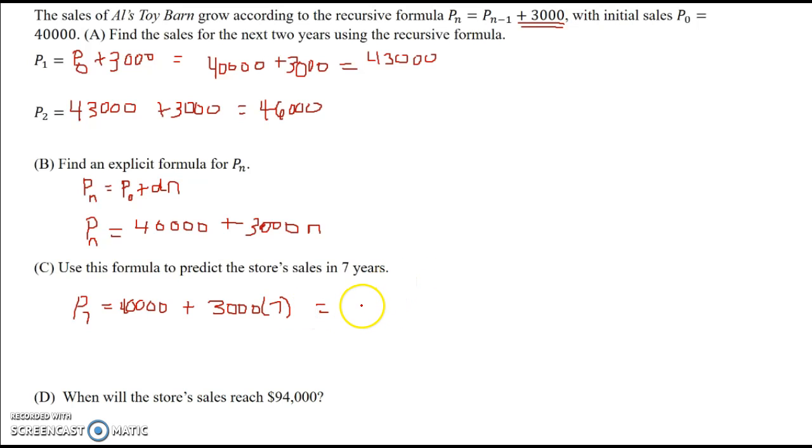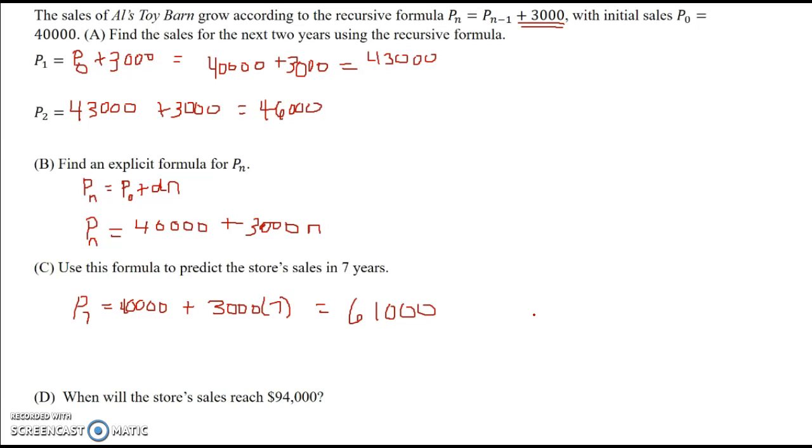Or that's 40,000 plus 21,000, or 61,000 if you use the calculator. And I'm going to erase that. All right, 61,000.